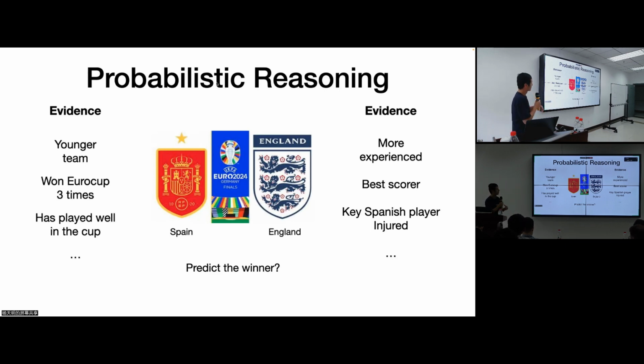And some evidence is stronger than the others. Some evidence is pretty weak. Like the Spanish team is younger, that means they are more energetic, which may be in favor of Spain. But that also means the Spanish team is maybe less experienced. So there seems to be a weak piece of evidence in favor of Spain. So that's what probabilistic reasoning means.